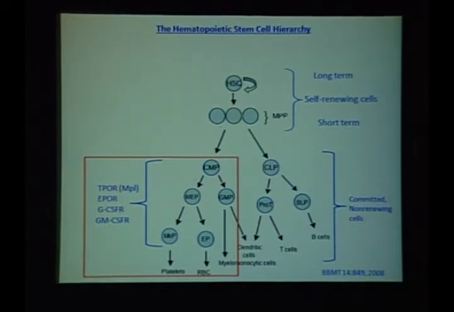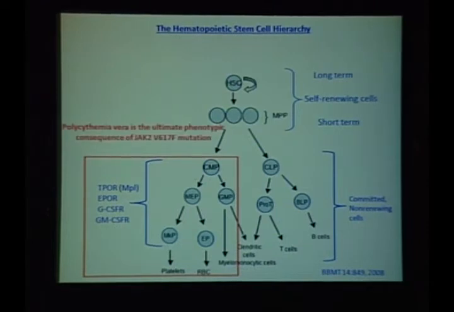So essentially, what we can say is that polycythemia vera is the ultimate phenotypic consequence of the Jak2 V617F mutation, meaning this is the most that this mutation can do. It can make every cell line increase. Well, if it's the most that this mutation can do, then if you were a physician, you would immediately say, well, anytime I see someone with a Jak2 V617F mutation, what should I be thinking about? This disease. Unfortunately, that has not been the case.